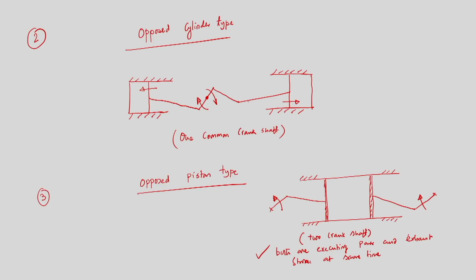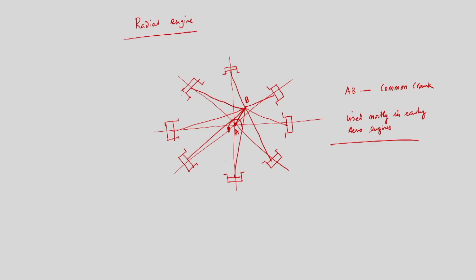Then we have seen opposed cylinder type, where cylinder faces are opposing each other with one common crankshaft. In opposed piston type, we do not have a common crankshaft, we have two crankshafts, but both are executing power and exhaust stroke at a time. And lastly, the radial engine, used mostly in earlier aircraft, where we have multiple cylinders and only one common crank AB.